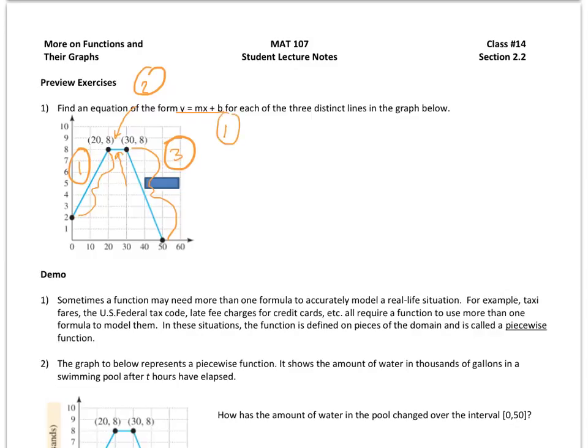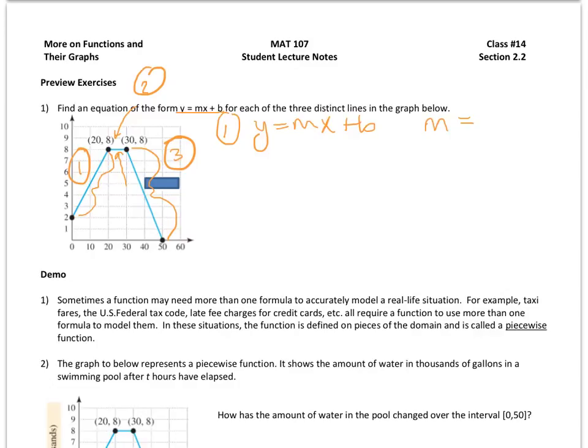So for line 1, if I start with y equals mx plus b, the first thing I have to figure out is the slope. And you can find the slope by using 2 points. So the slope of this line is the change in the y-coordinates over the change in the x-coordinates.